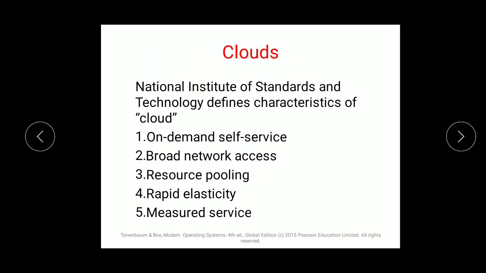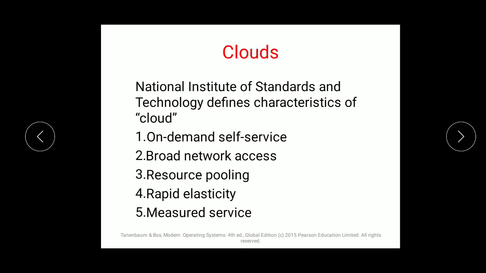Everybody is using that one actual service, and that is a multi-user system. That is resource pooling.